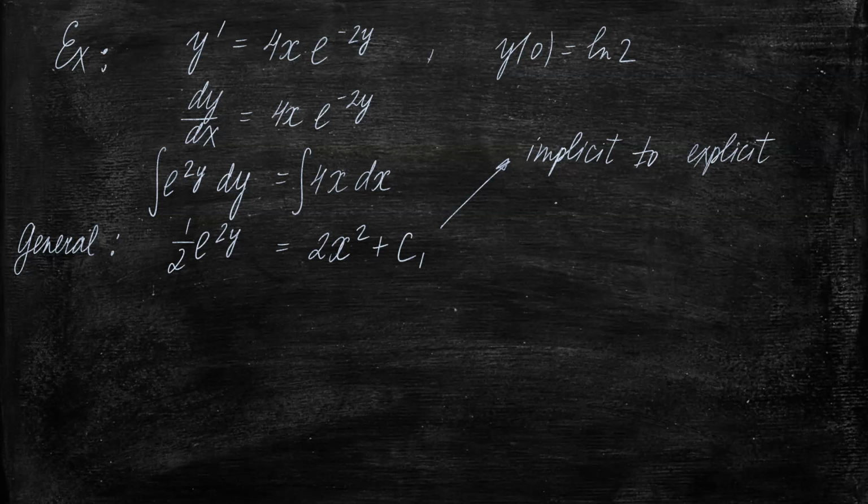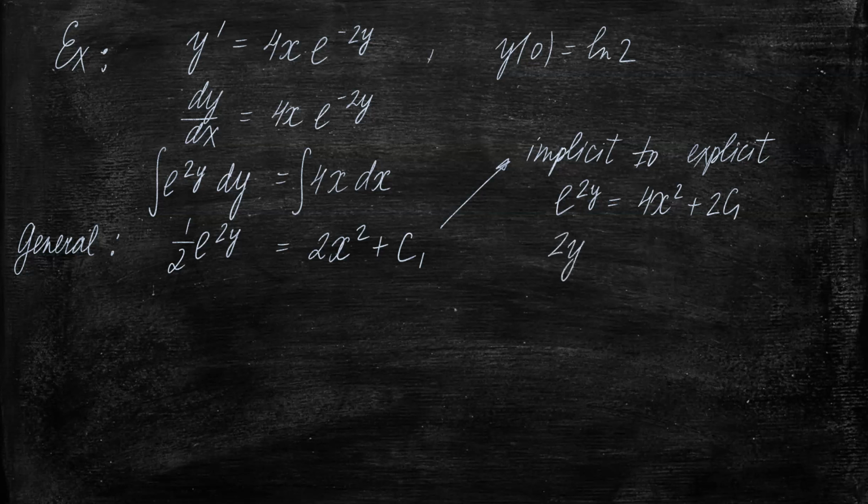So first thing we're going to do, we're going to multiply everything by 2. And instead of 2c1, we're going to call it c2, and then we're going to take natural log of both sides.